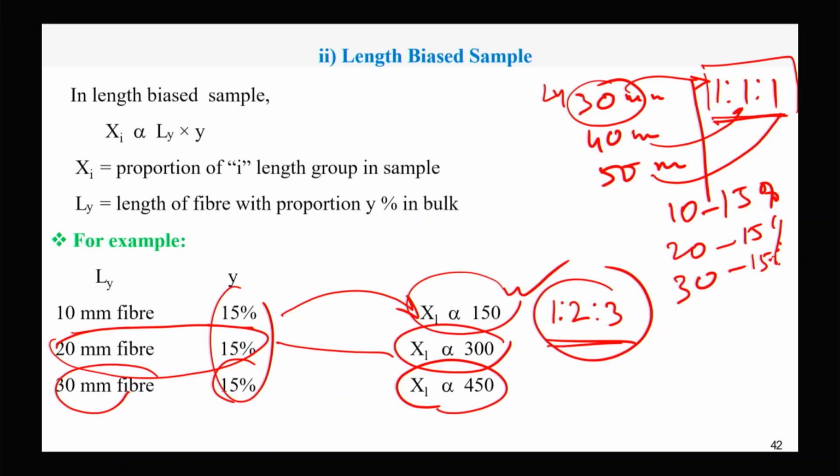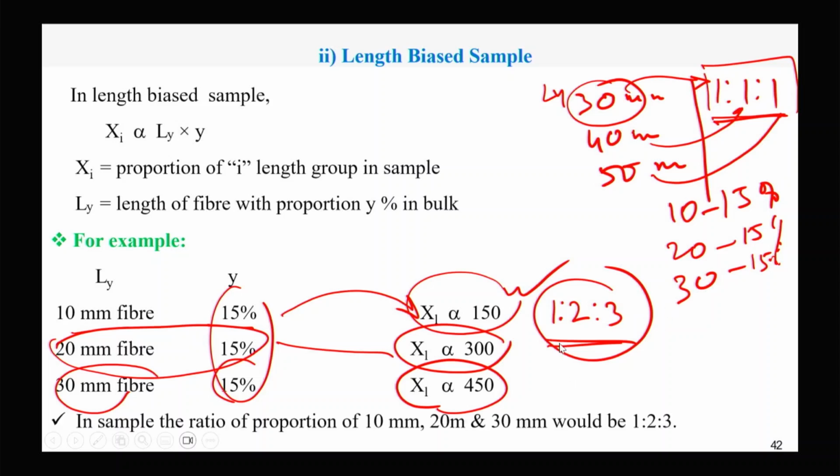Okay, 20 millimeter's proportion has become 2. So this is the concept here. That means longer fiber will have a higher chance of being selected. This we will discuss in detail when we discuss the fibrograph, where the fibrosampler is there. We will discuss in detail there, and what are their implications.